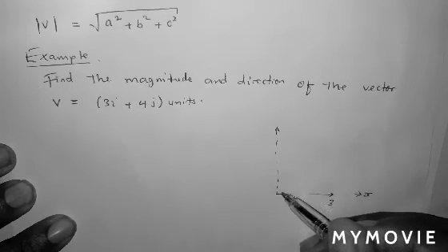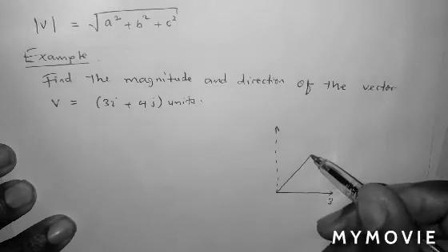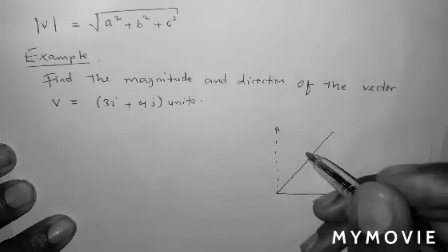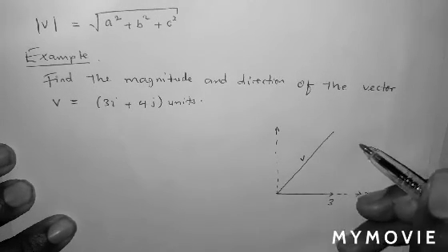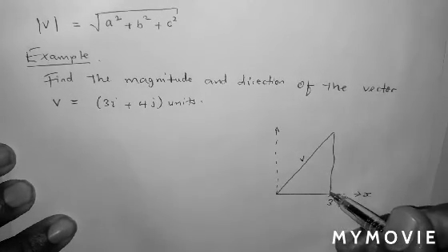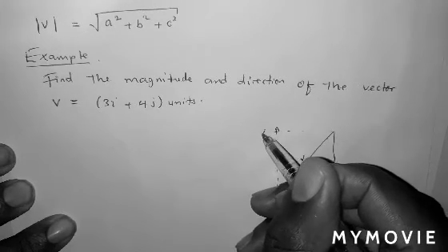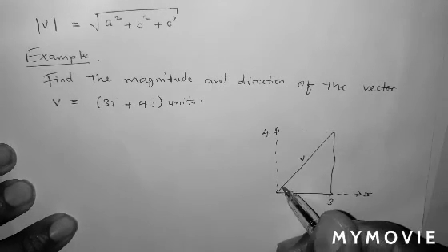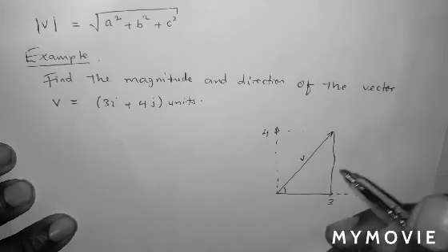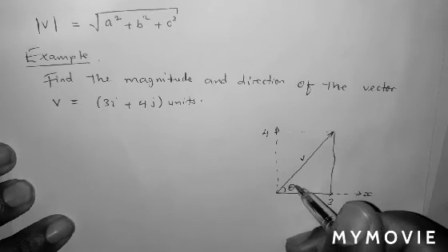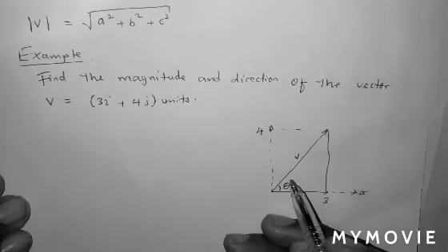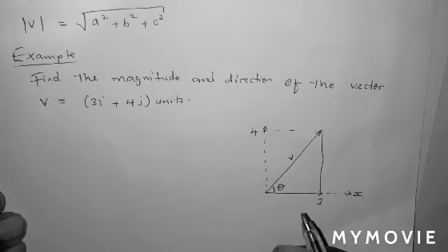Then this is v, and this is 4, and the direction is given by the angle theta to the x-axis.